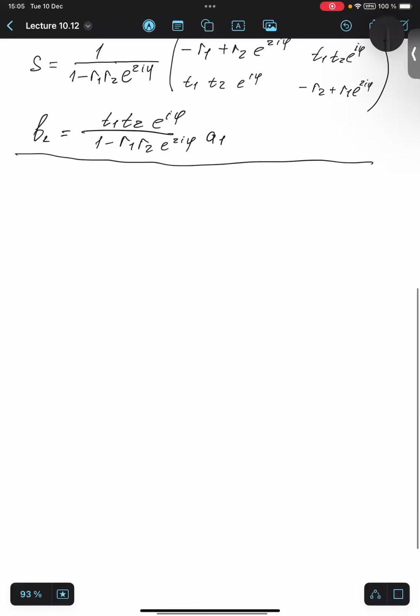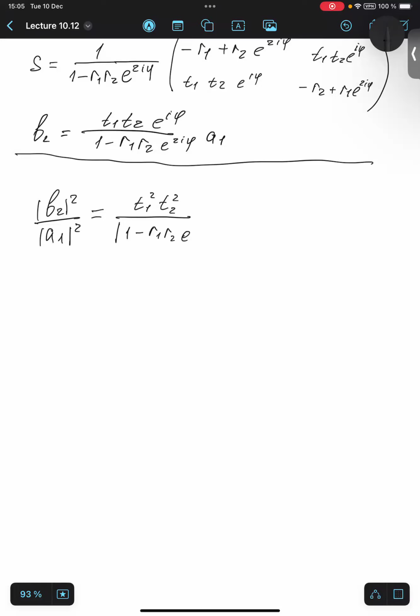So what can we do now? We can calculate the transmitted power. In this case, we want to calculate the quantity A1 squared, which is nothing else than t1 squared, t2 squared, and the modulus of the denominator squared.